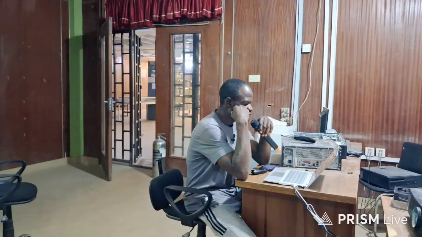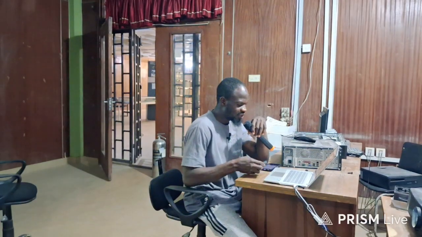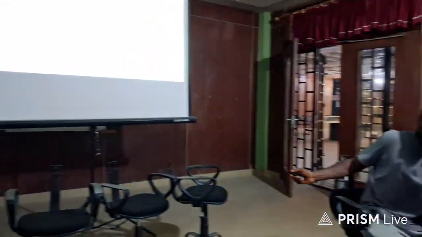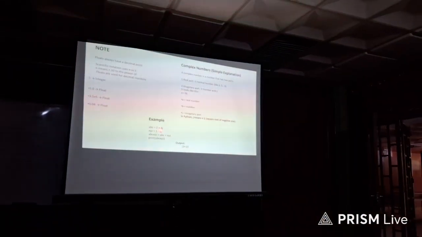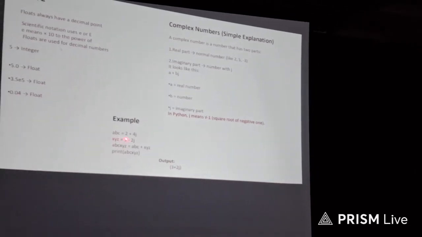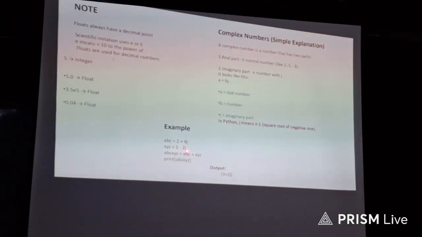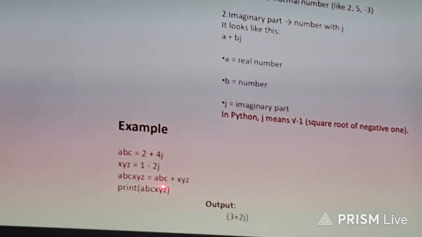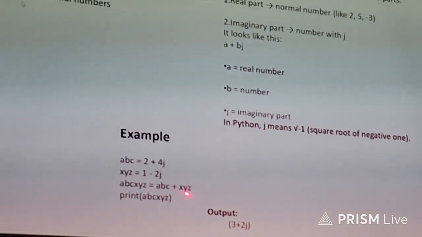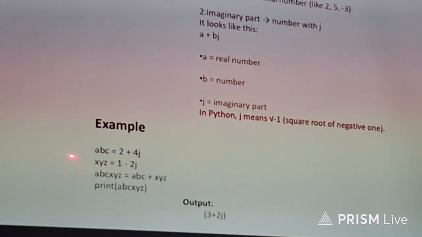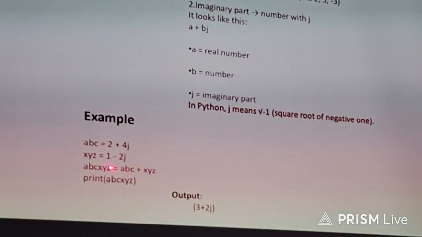Now, for example, if you create a variable ABC, and inside ABC you have 2 plus 4J, then you also create another variable XYZ and you have 1 minus 2J, and you say ABC XYZ is equal to ABC plus XYZ. You want to add ABC with XYZ.